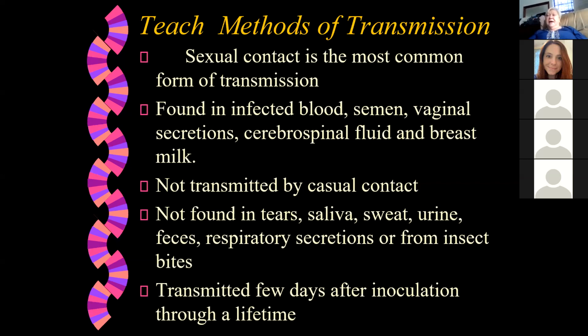You do not find HIV in tears, sweat, saliva, urine, feces, sputum, or in insects. That doesn't mean you don't want gloves on when you touch feces, but there is no HIV in feces. There is no HIV in sputum. There is no HIV in sweat.